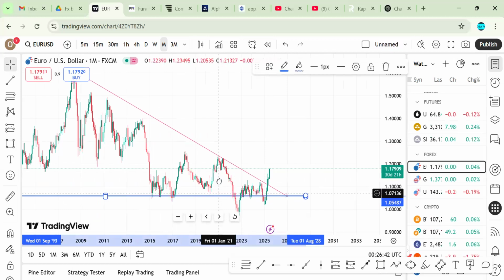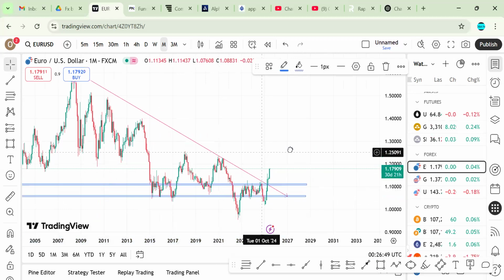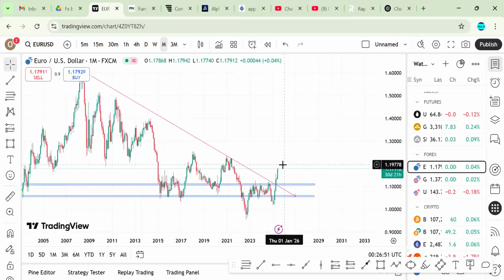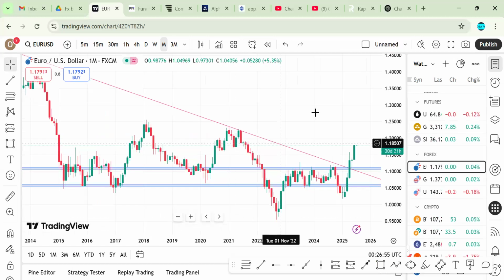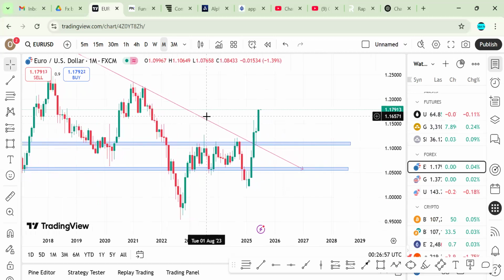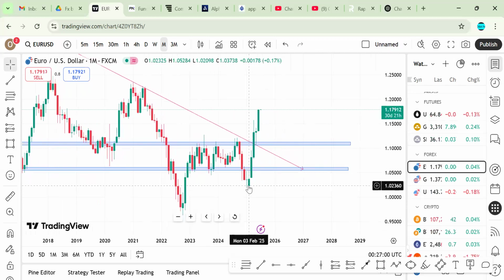Then the next part would be this very zone. So as I'm placing these lines here, remember this is the monthly time frame. Each candlestick here, let me zoom this in, stands for 1 month. So price got here, was rejected, came back, was rejected, came back, was rejected, finally broke through.